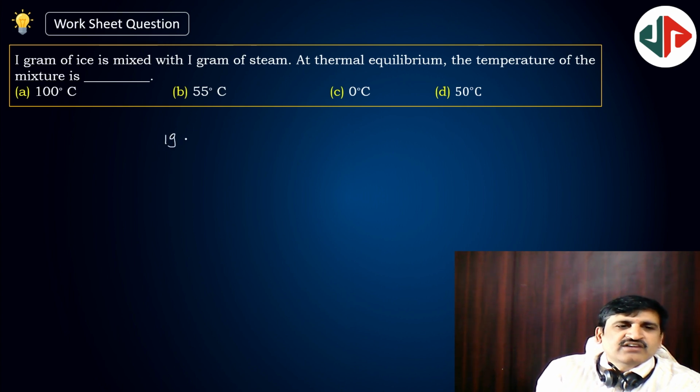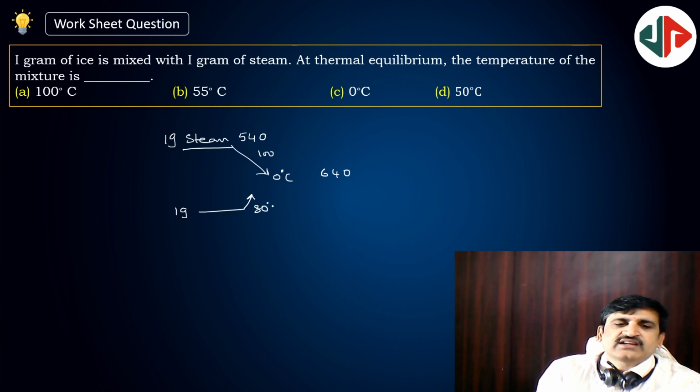1 gram of steam comes to, suppose, 0 degrees Celsius. How much heat will be liberated? Steam conversion 540, coming to 0 degrees from 100, so the total will be 640. Now 1 gram of ice first melts, so automatically it absorbs 80 calories. So 640 minus 80, minus another 40, leaves 560 calories.